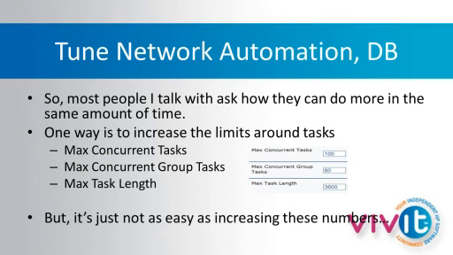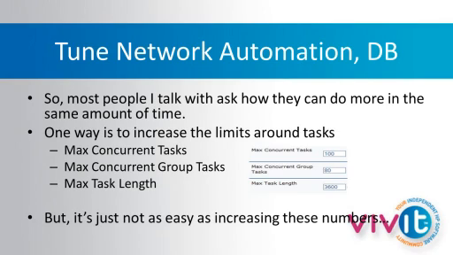So, tuning network automation and the database. Most people that I've talked with are looking to do more things, for example, more changes, running scripts within the same amount of time. So many people will be tempted to go in and change the settings that you see here, max concurrent tasks, max concurrent group tasks, things such as that, and just change those numbers to something larger.